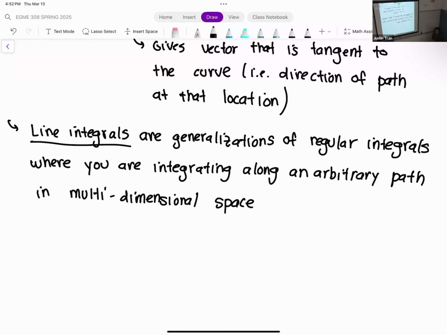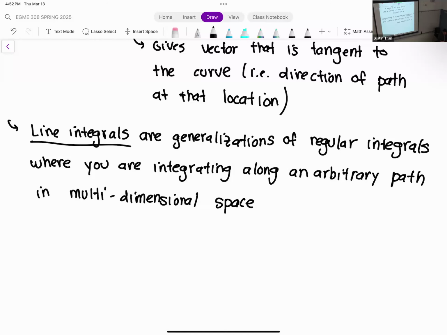Because usually, when you have a multivariable function, so a function of multiple x, y, z variables, there's this notion that you have to integrate over each dimension individually, right? So that gives rise to our typical kind of double integral, triple integral, because we have to integrate each variable, right? So if you're in 2D space, you have a double integral, one integral over x, another integral over y. Okay. A line integral lets you integrate a function along a specific path so that you just do one integral.